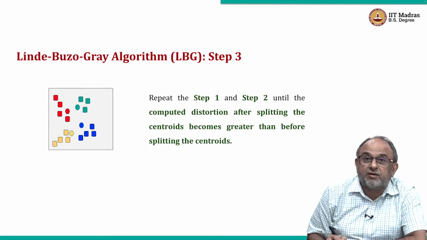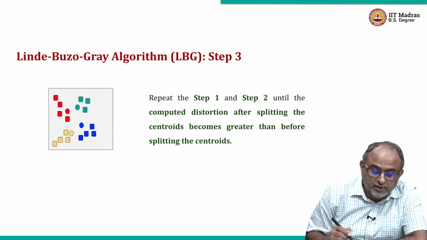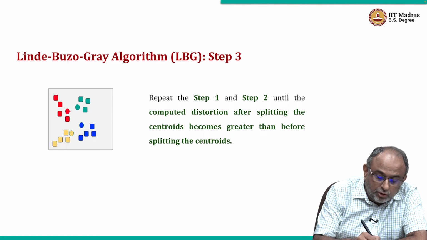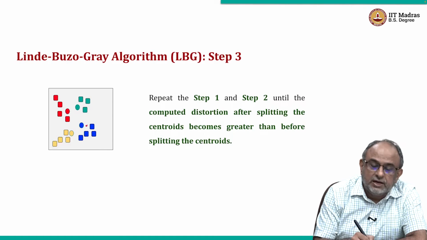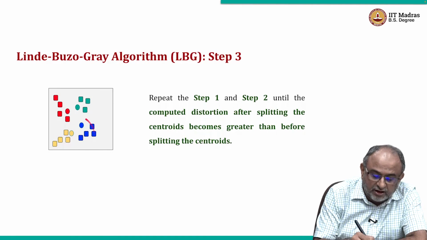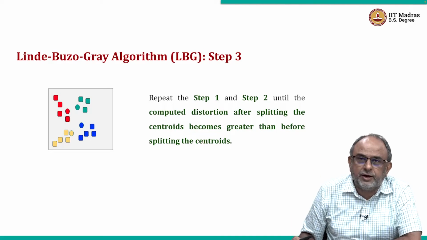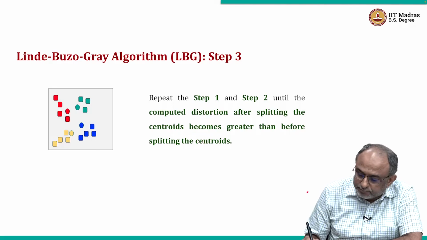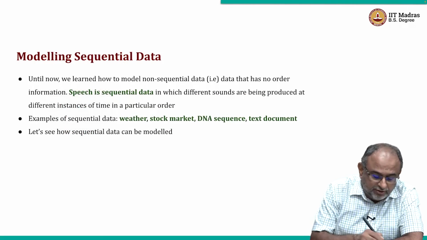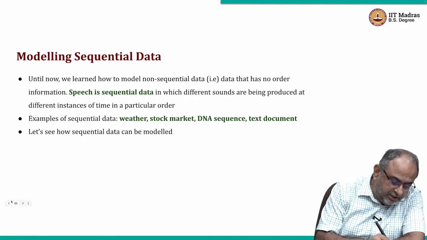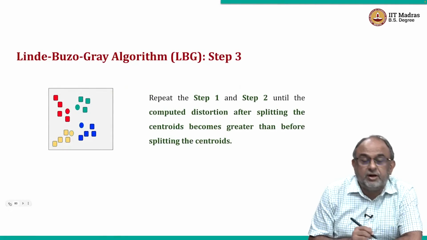Again, I can split the new centroid into 2 parts, and again the blue centroid into 2 parts, and again I find the nearest guy. So, now from 1 I split to 2 to 4, and I can keep doing this, and this is another way of clustering.